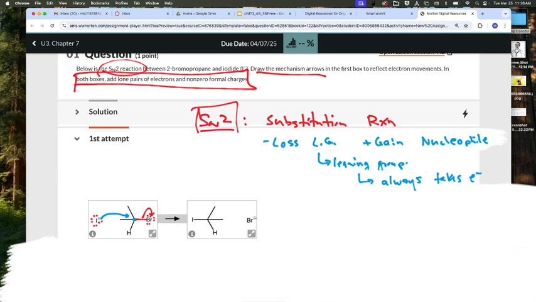Okay? Now what happens when we draw out the products? We still have to account for the lone pairs on the iodine. Now we only have three, not four, because the fourth went into the bond. What happened to the bromide? It should now have 4 lone pairs. We've accounted for now all of our lone pairs.